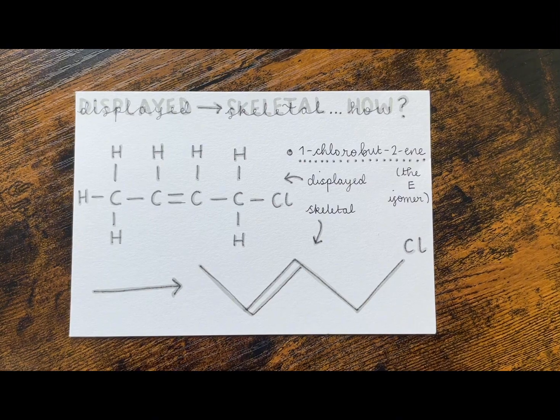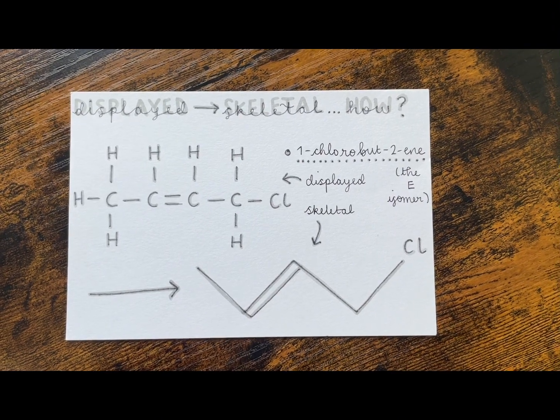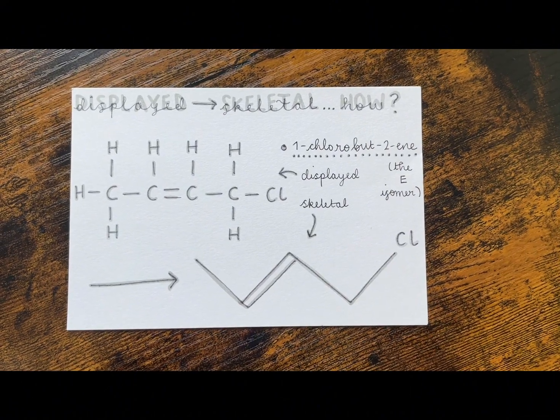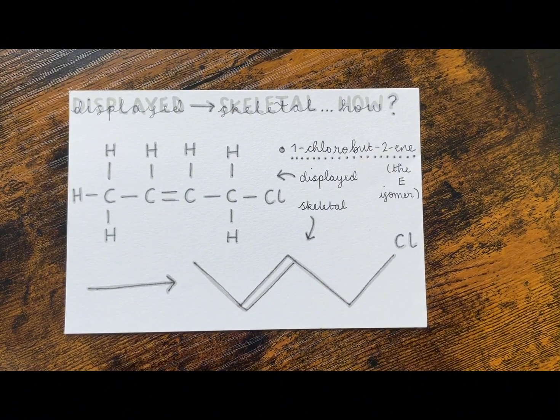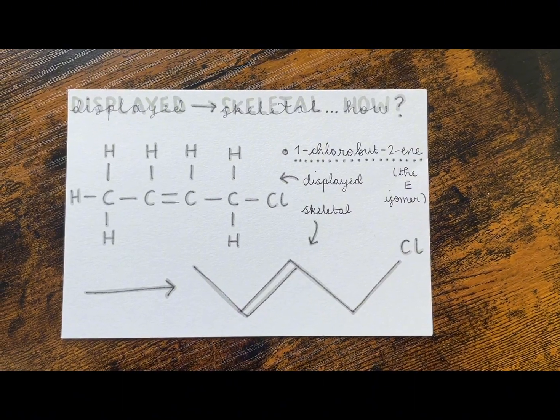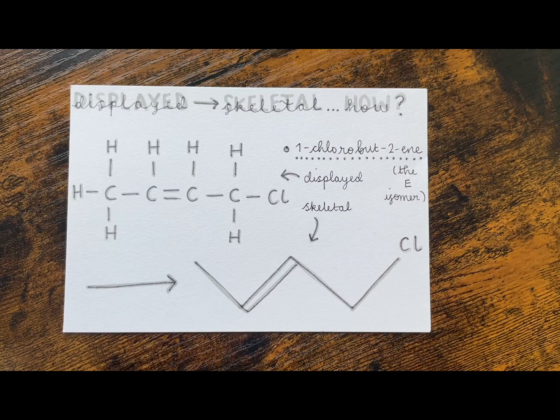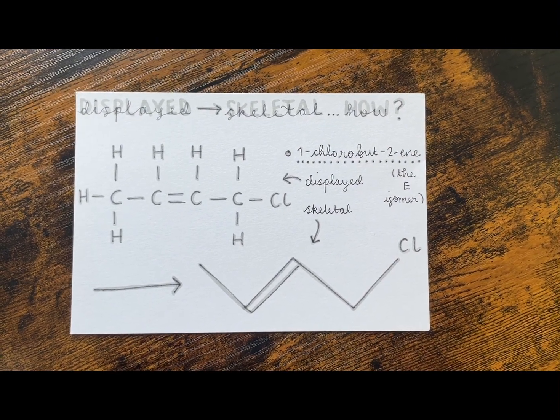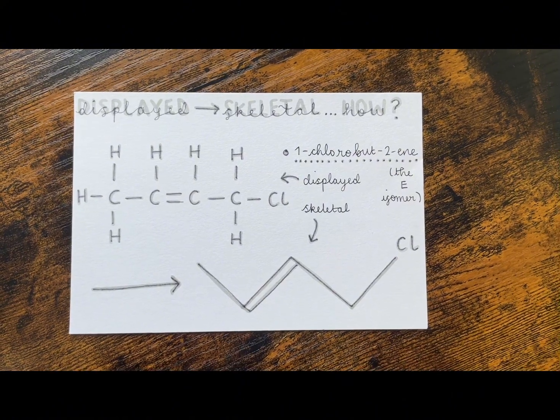And what I hope to do in this video is outline what those rules are and then go through some examples of how we can convert between displayed and structural formulae into skeletal formulae, and how we might go about naming compounds from skeletal formulae as well. So we're going to start with, how do I go from displayed to skeletal?